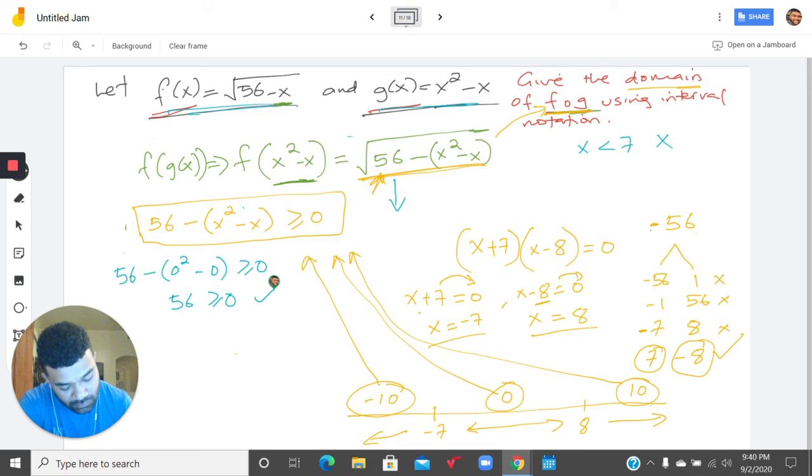It's true. So now we know that x is greater than negative 7, less than 8. Right? So that is true.